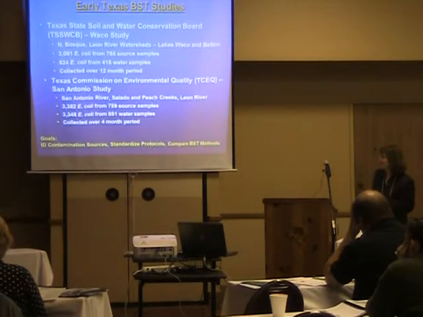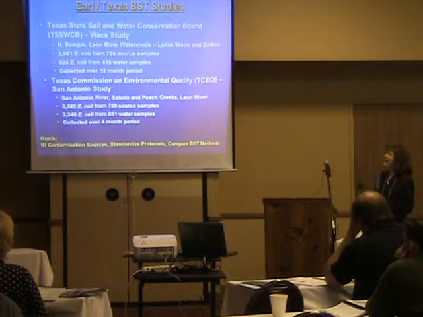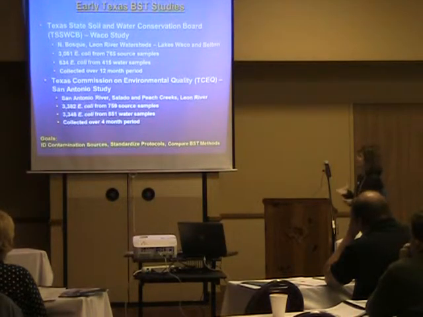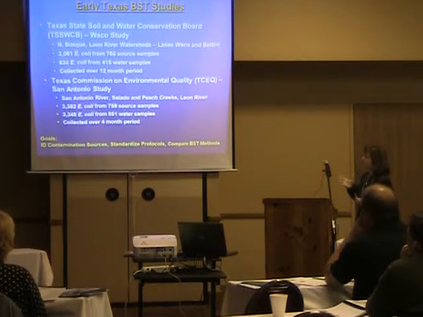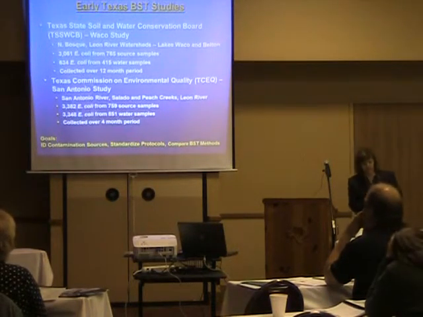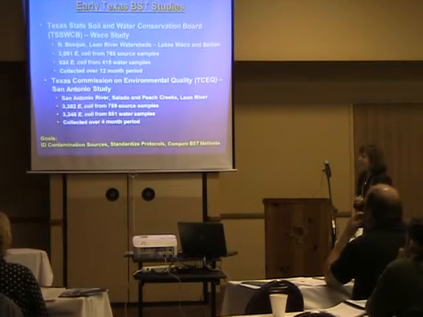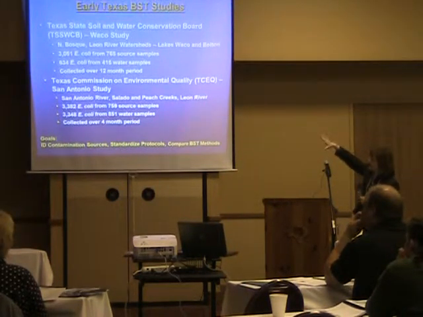So when we were young, we tried to do that. We had two early Texas BST studies, the Lakes Waco and Belton study that was sponsored through the Soil Board, and then the TCEQ study of San Antonio, which was several watersheds. These were large.